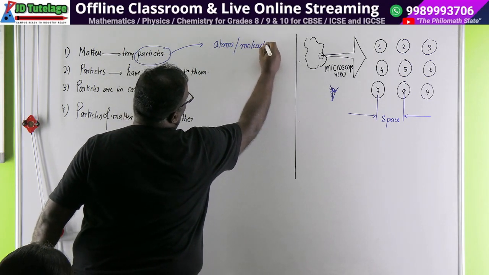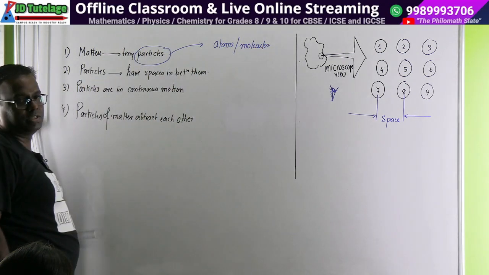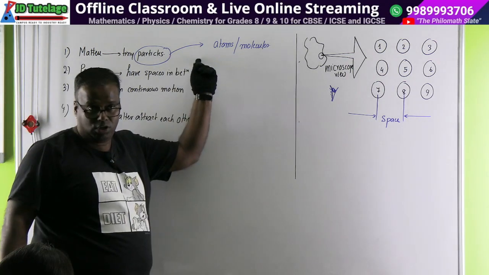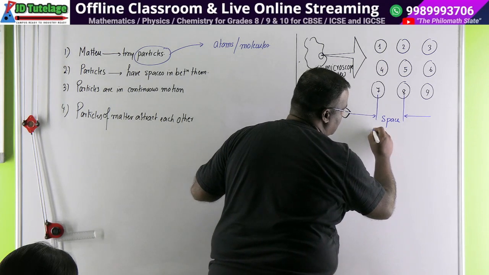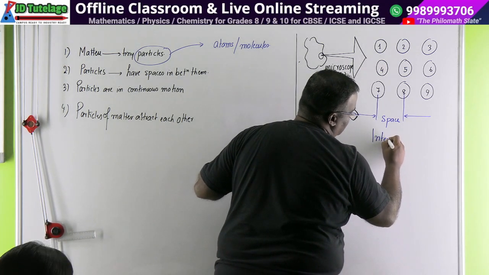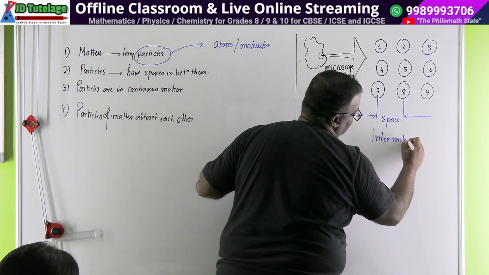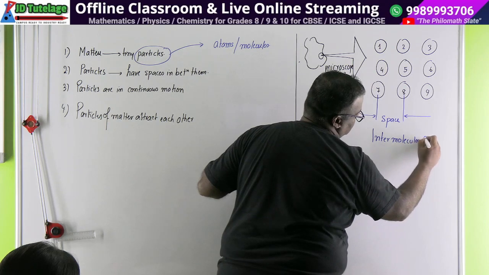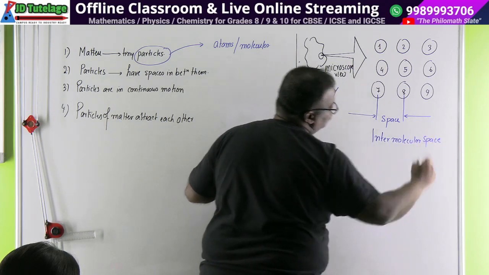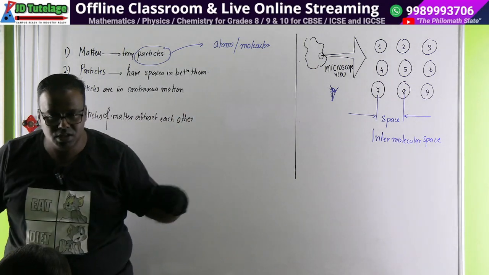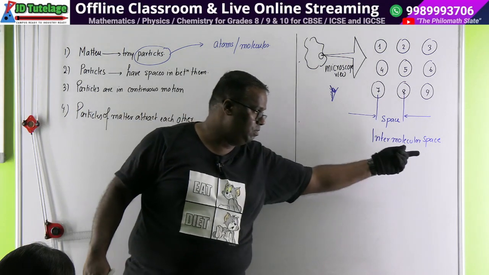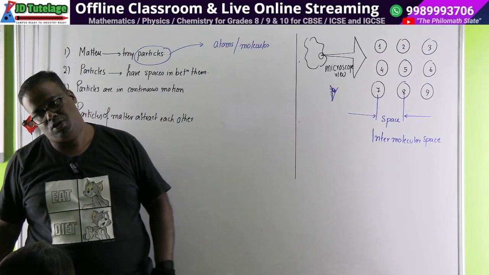But as of now, we will restrict to calling them particles. When we talk about atoms and molecules, this space we will call intermolecular space, a space between two molecules. Inter-school competition is a competition between schools; intermolecular space is a space between molecules.